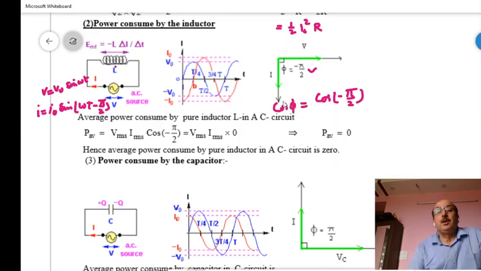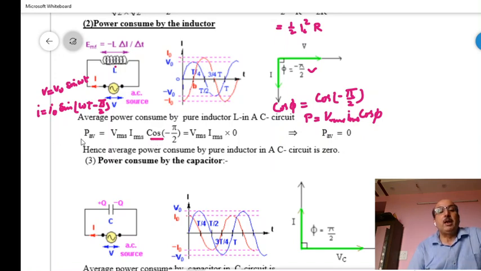Hence, again using the equation, P average is equal to Vrms, Irms, cos phi. We will put the value of cos phi and it comes cos minus pi by 2.